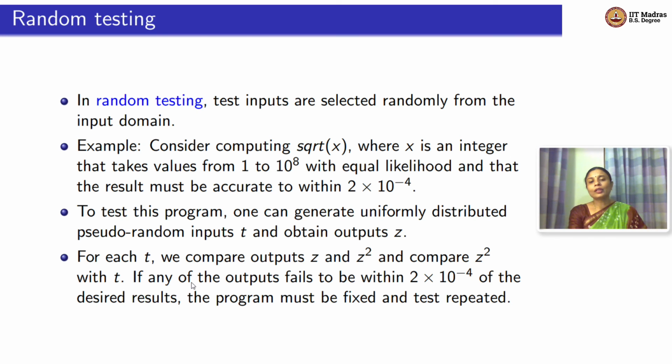If the difference between z squared and t fails to be within this accuracy, 2 x 10^-4, then you know that the program that computes the square root is not doing a good job. So it must be fixed. So this is a useful way for testing certain kinds of functions.